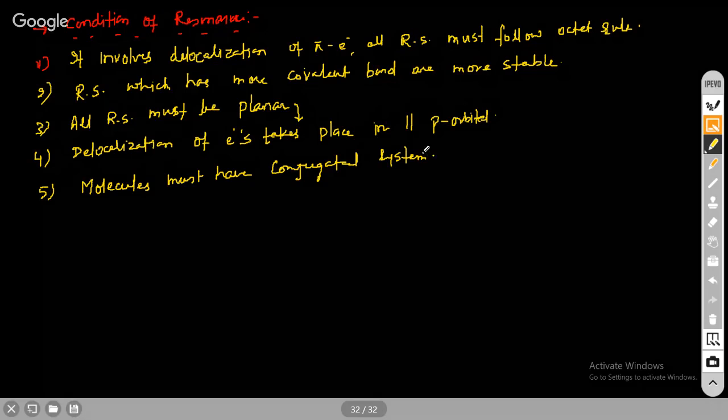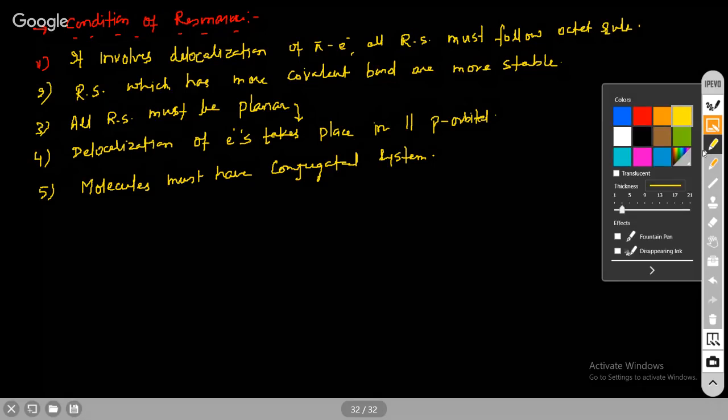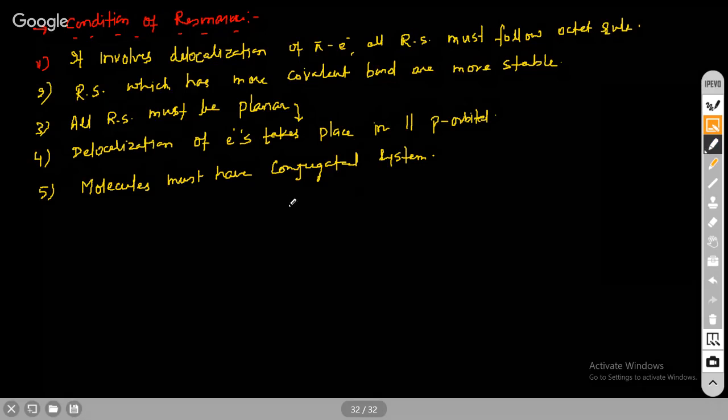Molecules must have a conjugated system. Now, what all systems are said to be conjugated? First one, all these are examples of conjugated system.